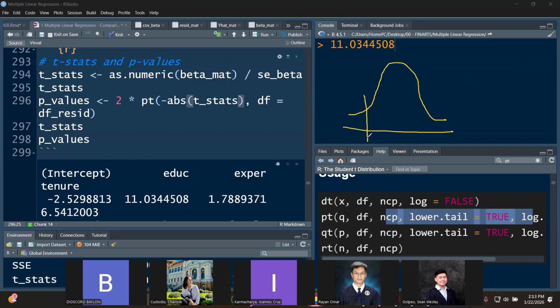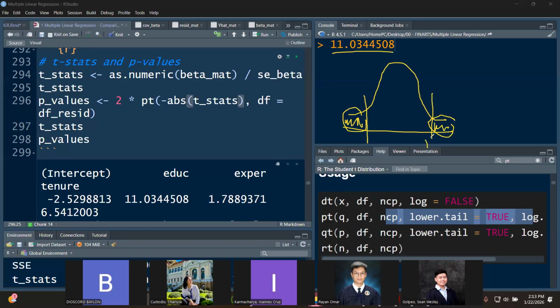And then we're looking at t two-tailed, class, because your t can be negative and positive. Okay, so this one and this one. So we're interested in getting the probability of this plus this, class. So how do we compute for that? For education, it's 11.03.